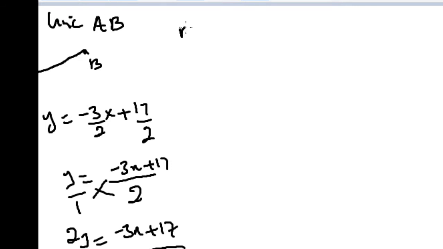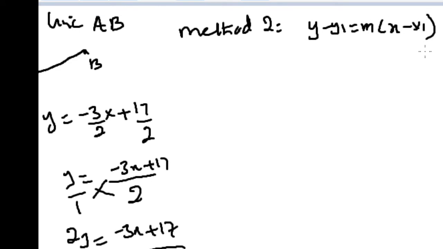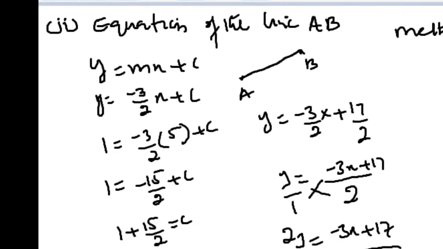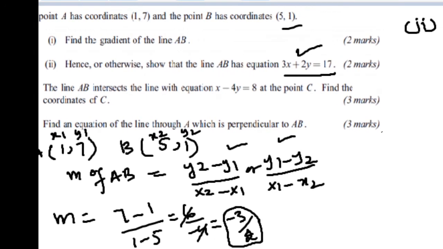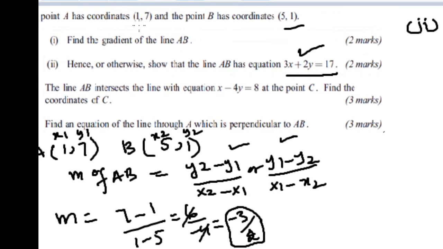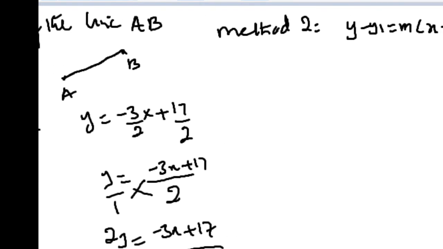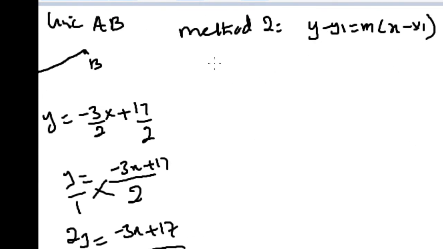Now method 2. I told you that y minus y1 is equal to m times x minus x1. You can also use this method. I was taking point B there. Now I'm taking point A here. Both will give the same answer. So point A is (7, 1), and m is minus 3 over 2.